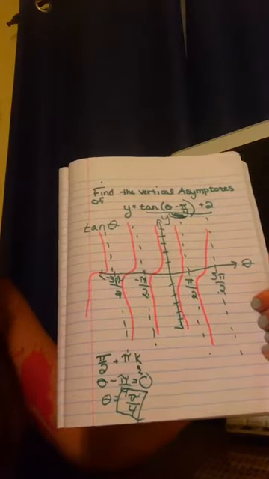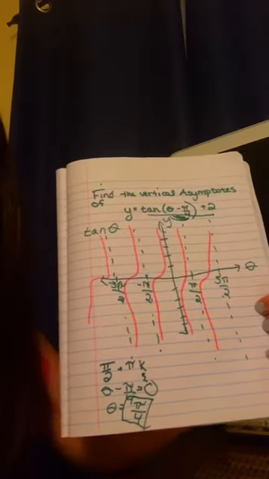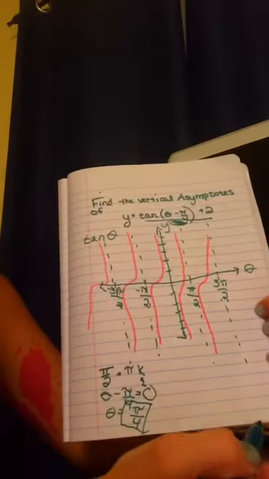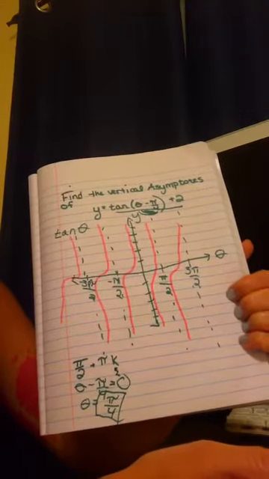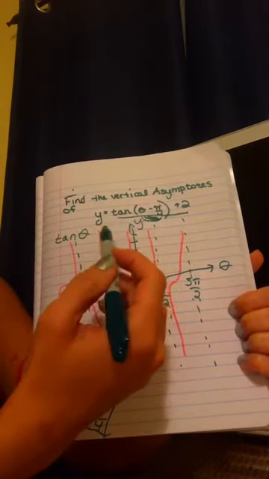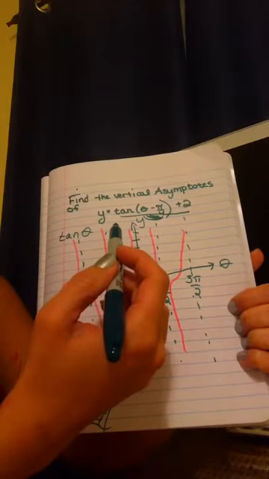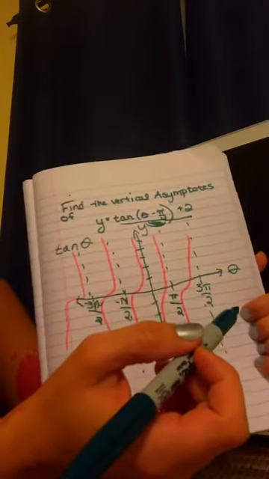So to find the asymptotes of this equation in terms of k, where k is the period, all we have to do is add pi over 4 to this whole thing. Okay, hold on, sorry. I'm sorry, it's giving you guys the wrong equations. Okay. You have to add pi over 4, sorry, to the asymptote here.